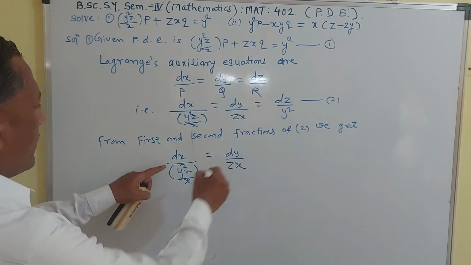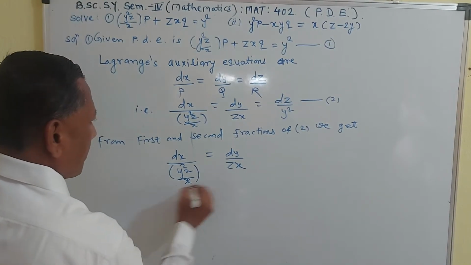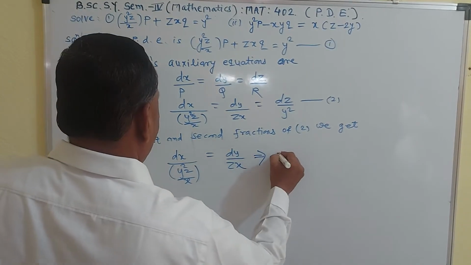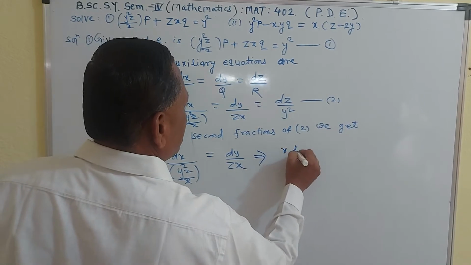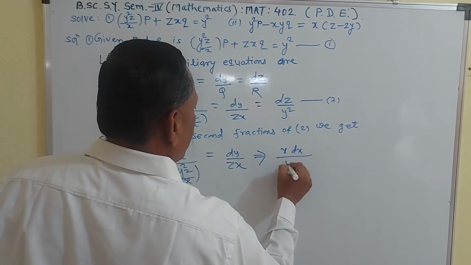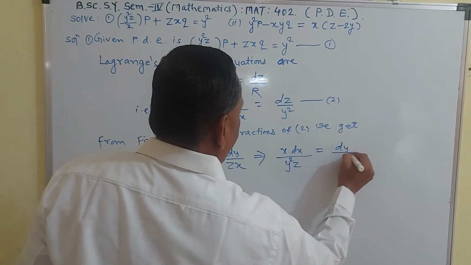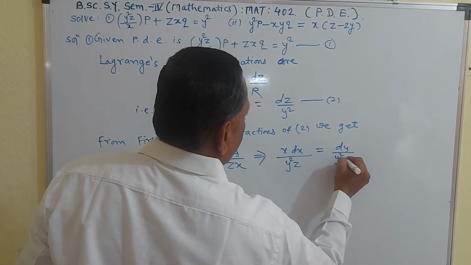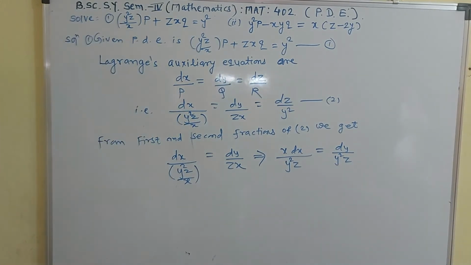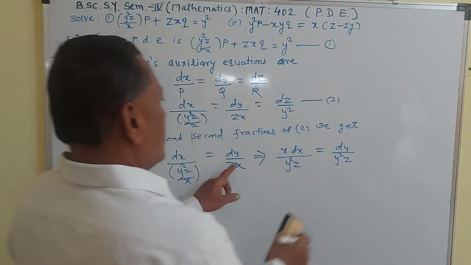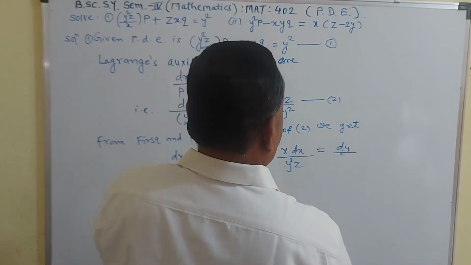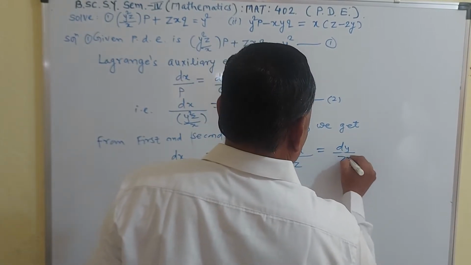Here this can be written as x into dx upon y square z is equal to dy upon zx.